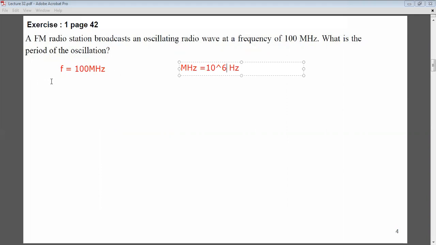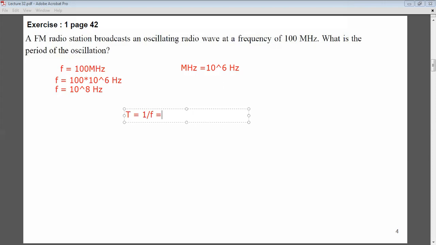So I come here and I say f equals 100 times 10 power 6 hertz. So frequency is equal to, how much is this? It is 10 power 8 hertz. Now, the formula T equals 1 over f, or f equals 1 over T, it's the same thing.